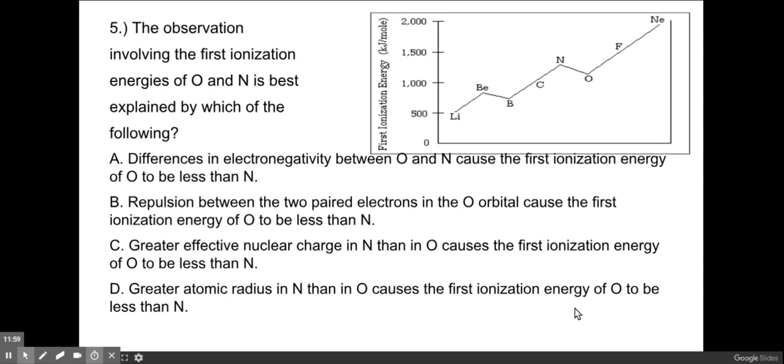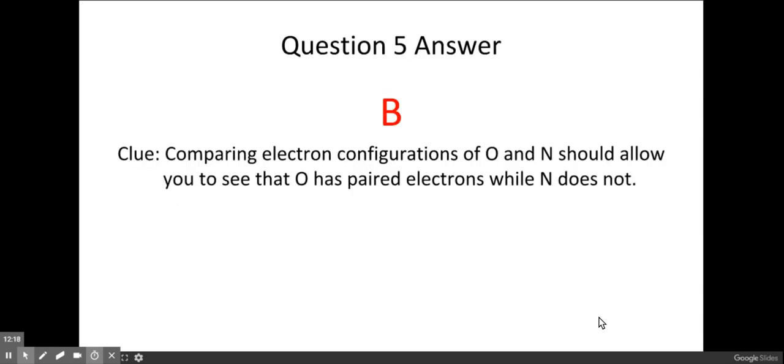And it says the first ionization energy of oxygen is less than nitrogen. If oxygen had a smaller radius, its first ionization energy should be greater, not less than. So those two statements don't really go together in D. Okay? So again, B is our correct answer. Just a little bit confusing.